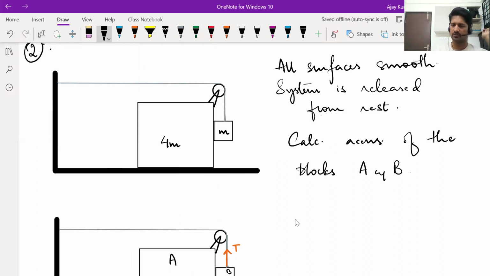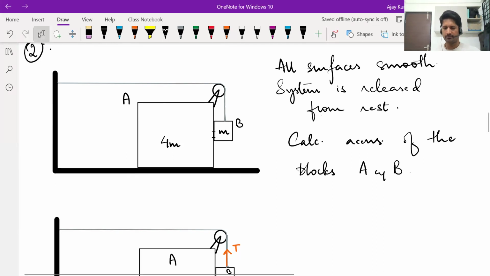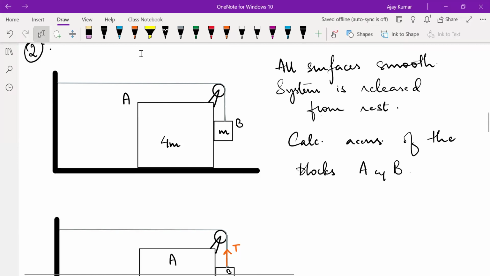Numerical values of the mass are not given to you, so take g as g itself. Don't substitute 9.8 or 10. Try this, all of you. Actually, in this case, you don't have to apply pseudo force and all. With respect to the ground, you can solve it. Derive the accelerations quickly.